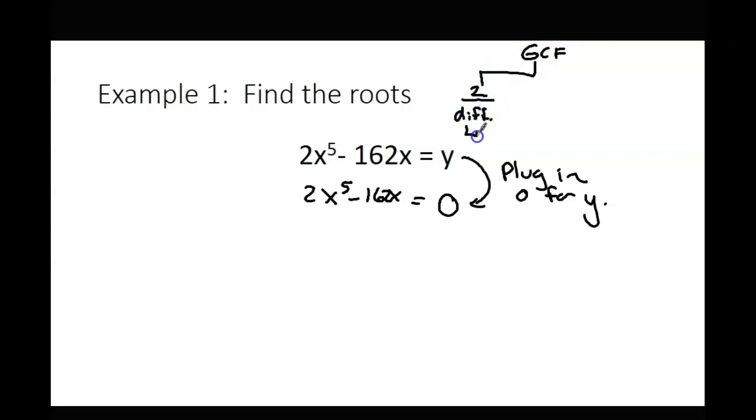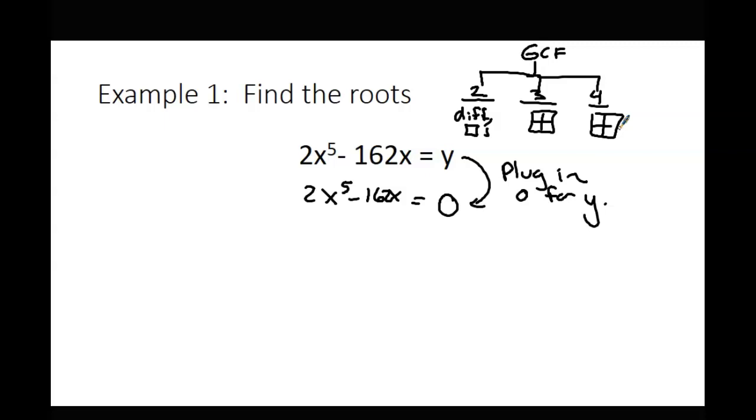You remember that? You don't need to rewrite this. I'm just writing it to illustrate what I'm talking about. 3 terms, we use the box. 4 terms, we use the box. So we always start by looking for a GCF, and then based on how many numbers there are, we do one of these 3 things here, or one of these 2.